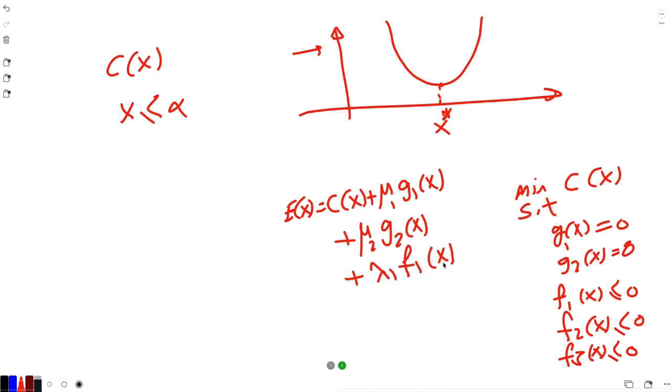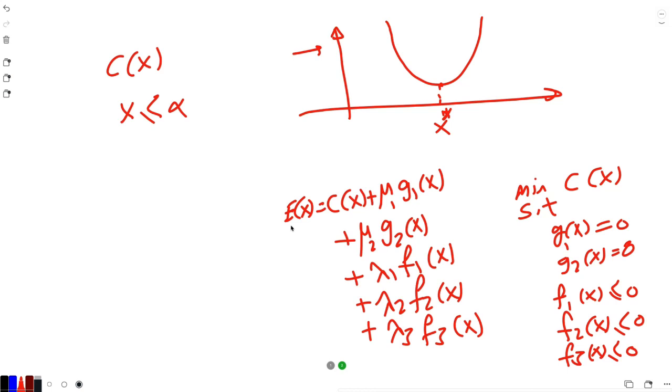I will explain what is the meaning of everything here, plus lambda 2 times f2 of x plus lambda 3 times f3 of x. Okay, now we have only unconstrained optimization.